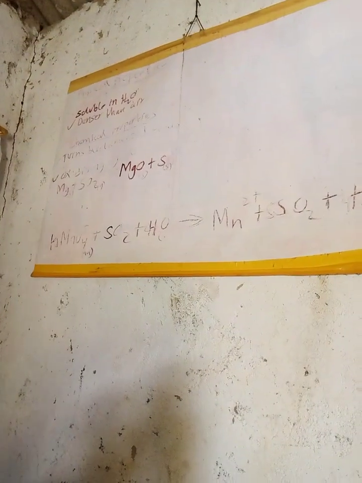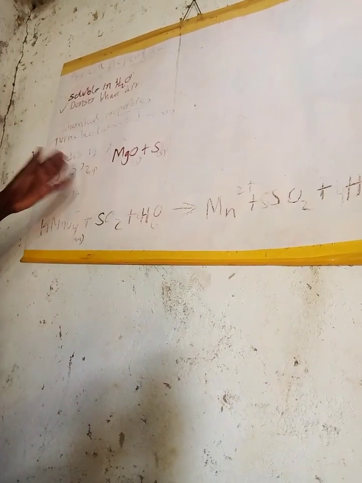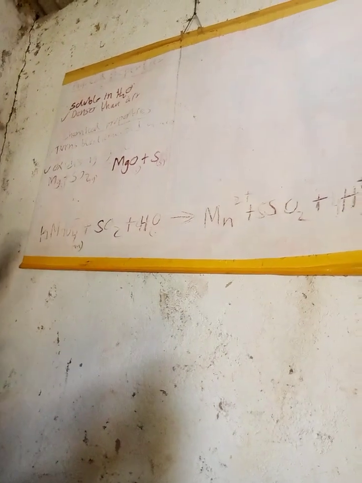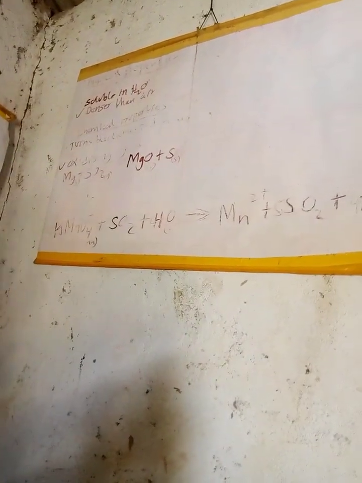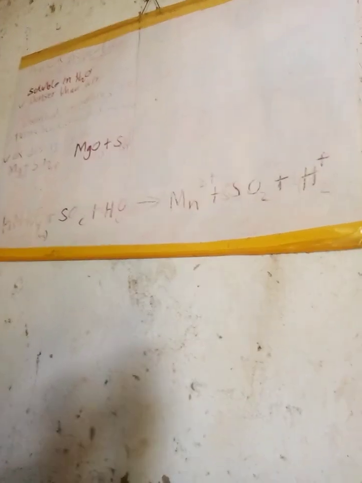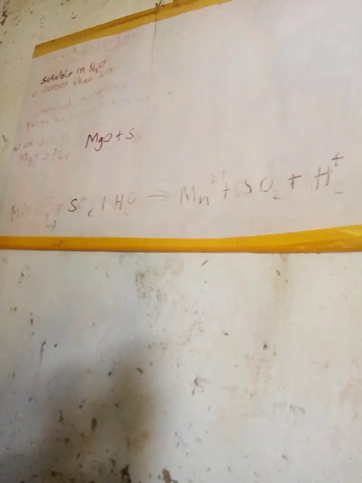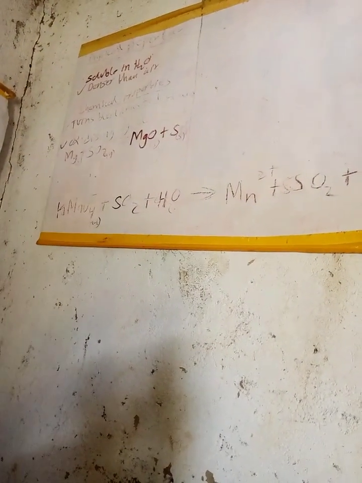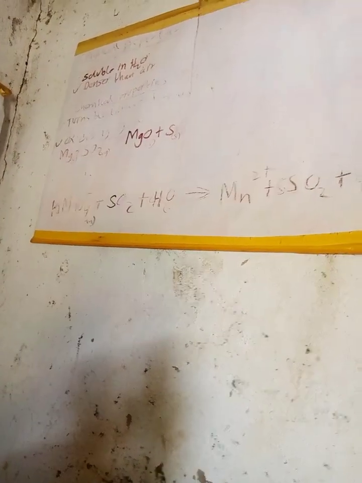What I mean is that this sulfur oxide acts as an oxidizing agent. It oxidizes elements. It gives its oxygen to elements such as magnesium. So it is an oxidizing agent.